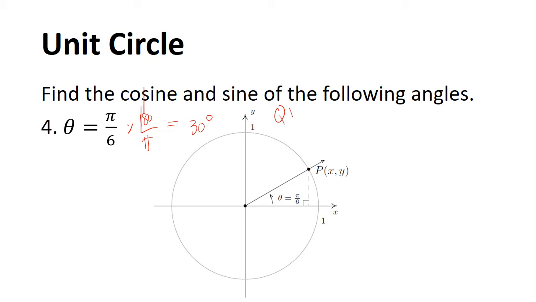So same procedure sa 45 degrees, drop a perpendicular line from point P, and now we form a right triangle. To be specific, this is a special right triangle because the sides are 30, 60, 90. Bakit siya special? Kasi merong relationship yung sides nila.